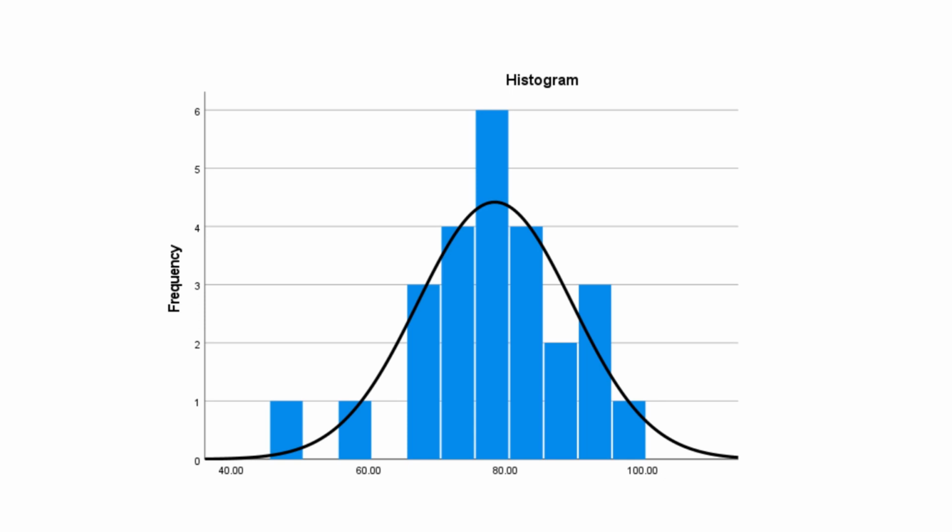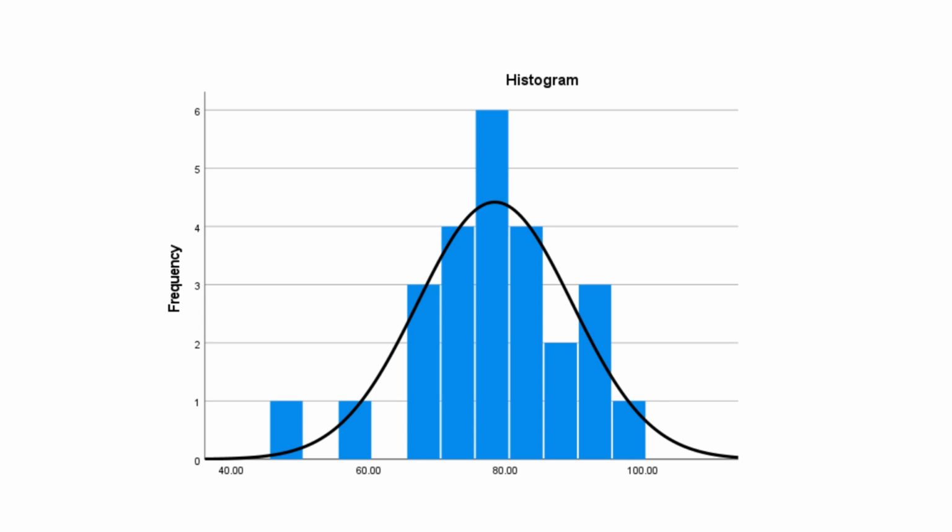So there's one person who got a score of 100. You can see that score at the far right. And there's one person who got a score of, I think it was 48%. You could see that at the far left. But generally, this is creating what we call a bell curve. The bell curve can be interpreted as such. So along the x-axis, you have your scores on the test or on whatever variable you're looking at.